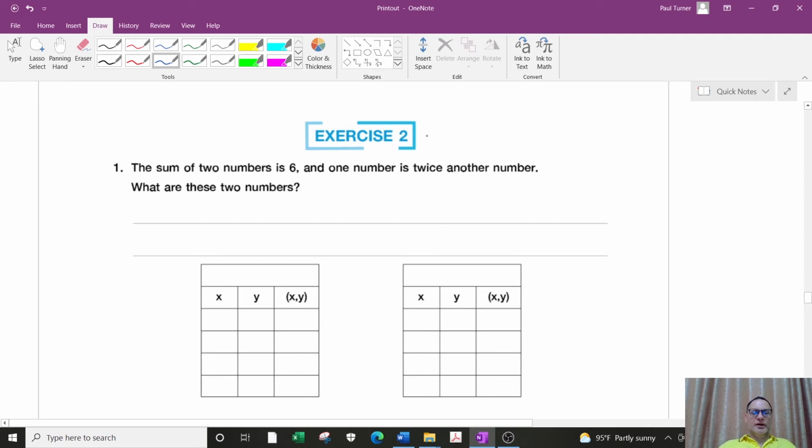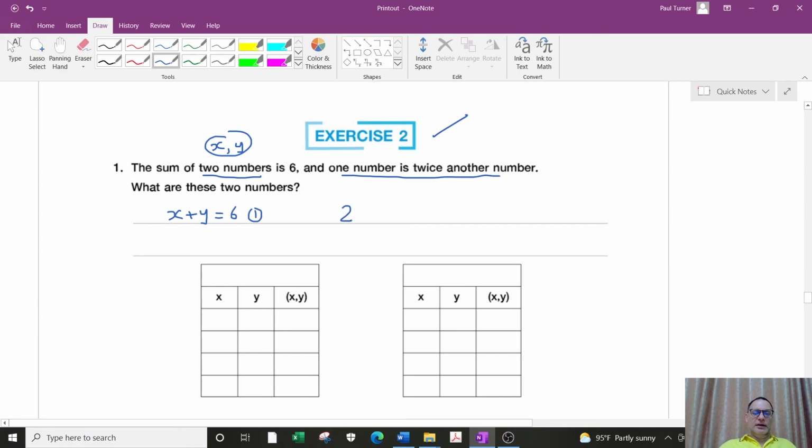So in exercise 2, this is what you need to do. I'll start you off. The sum of two numbers, so let your two numbers be x and y. That's what we normally do, x and y. And it says the sum is 6, so that means you're going to have x plus y equals 6 as your first equation. And one number is twice another number.